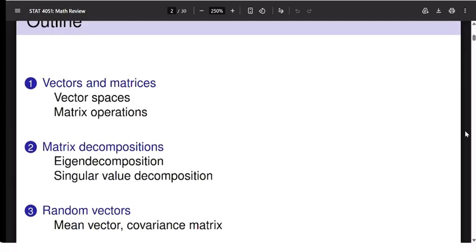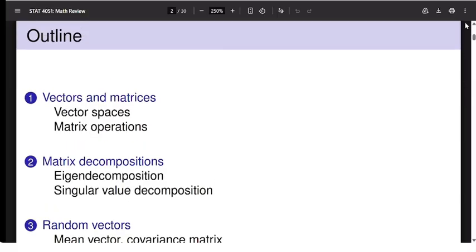In the outline, we're going to talk about vectors and matrices because most of the algorithms, I'm actually going to say 99% of algorithms, are vectorized.